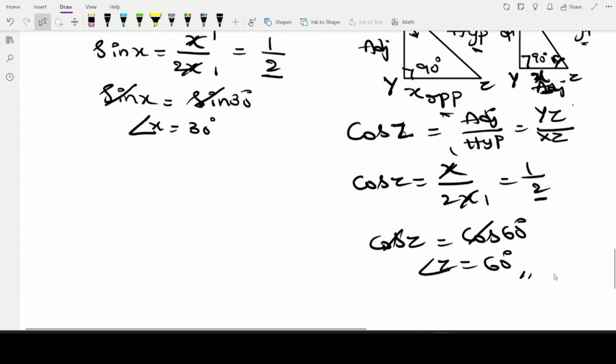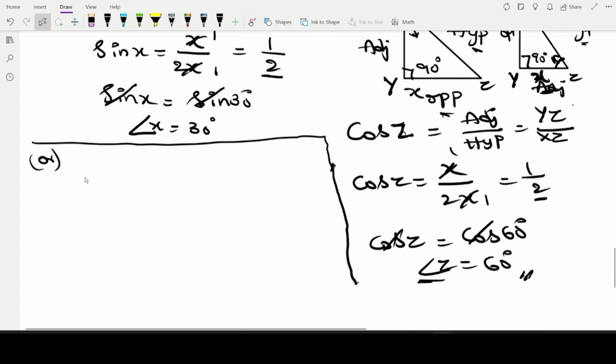This is one way in which you can find the second angle. You have another way to find the angle z. Let me explain. As we know, the sum of angles in a triangle is 180 degrees. So angle x plus angle y plus angle z is 180 degrees.